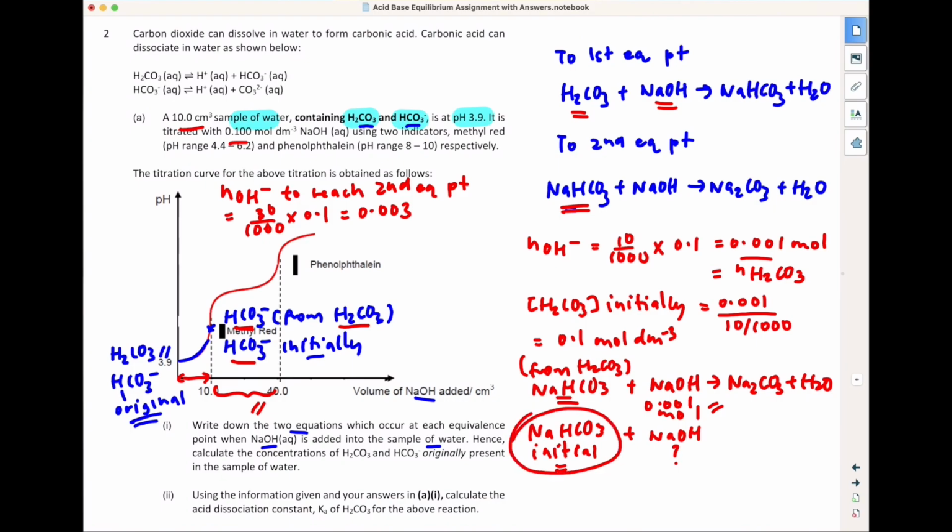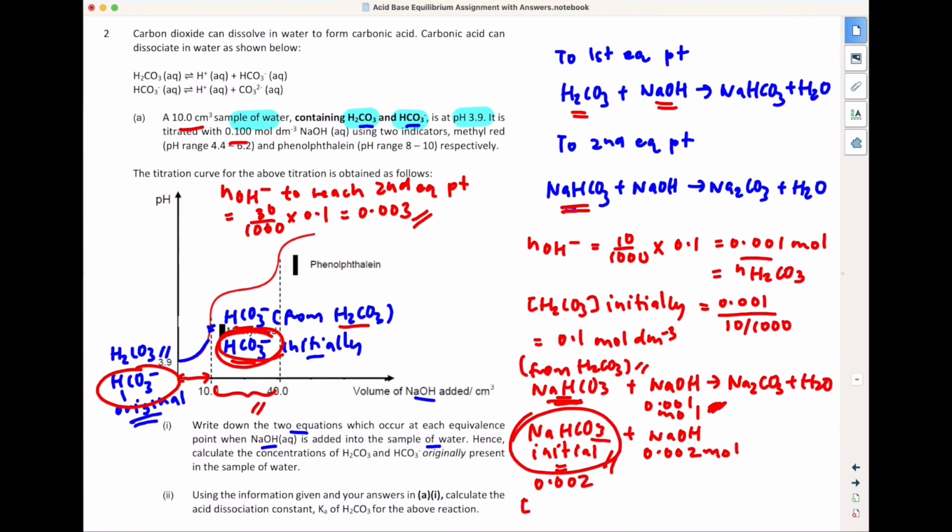So the initial one will require only 0.002. Means out of the 0.003, 0.001 was used to neutralize the NaHCO3 that came from H2CO3, and 0.002 moles must be used to neutralize the NaHCO3 from the initial. Which means the amount of NaHCO3 will also be 0.002.